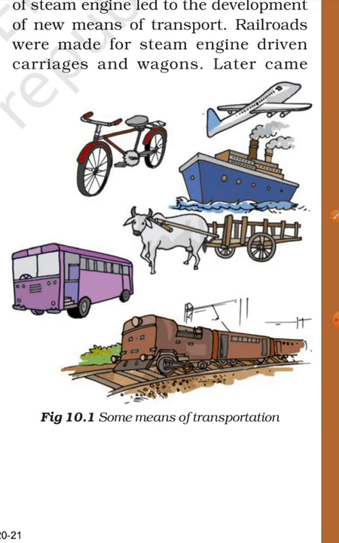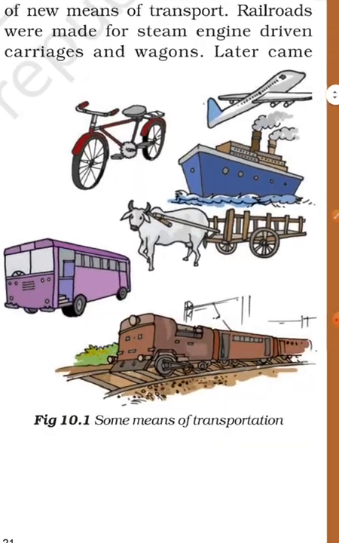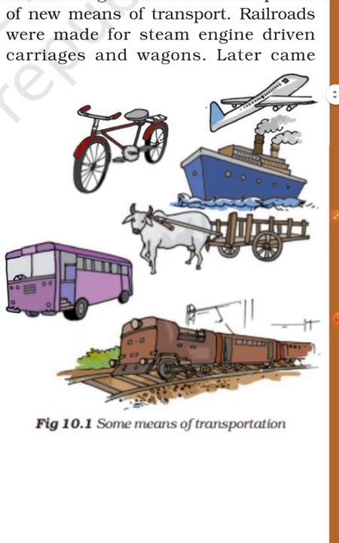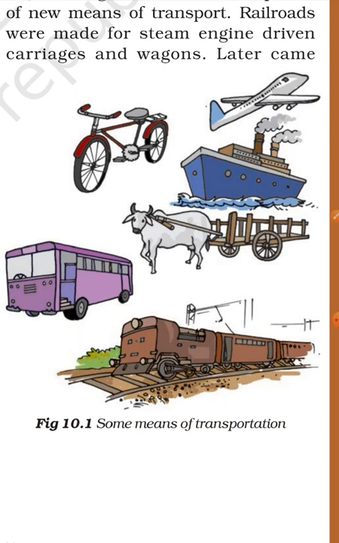But later on, they began to use animals for transportation. For transport through water routes, boats were used from ancient times. Boats were simple logs of wood in which a hollow cavity could be made.